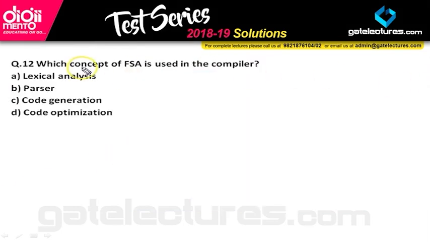We have our question which says, which concept of finite state automation is used in the compiler? Is it lexical analysis, parser, code generation, or code optimization? First, what is the property of finite state automation? For a defined input, we go to a particular state only. If the input string is right, then only it will reach the final state, otherwise not.